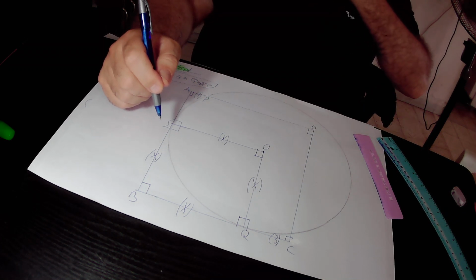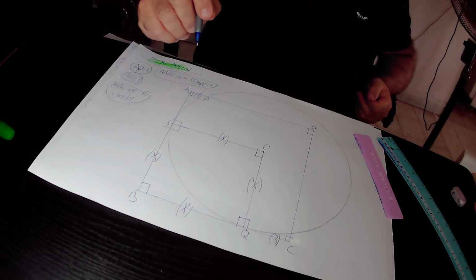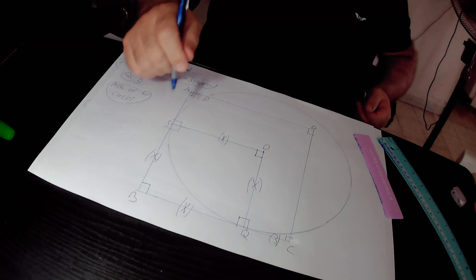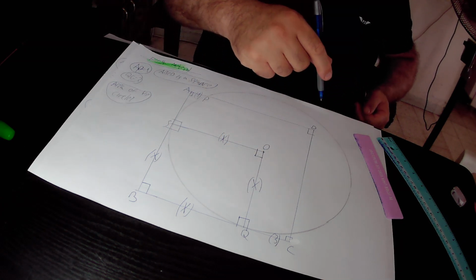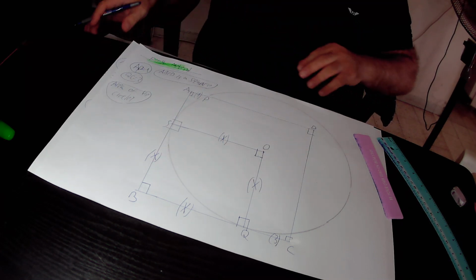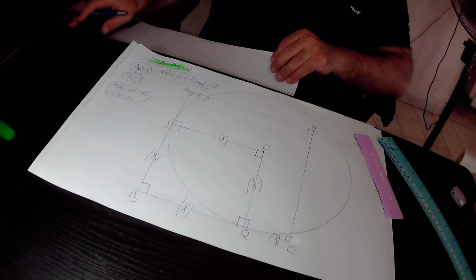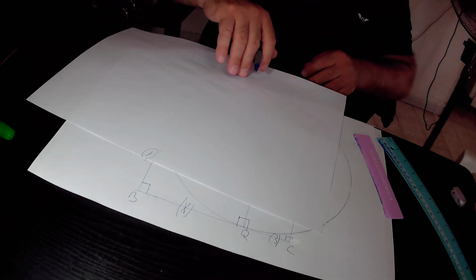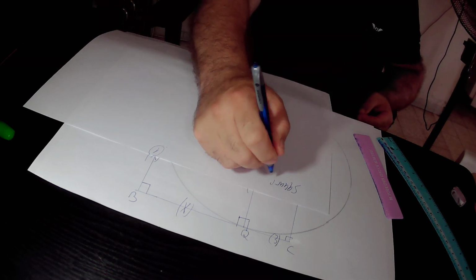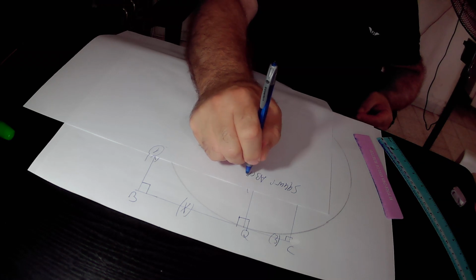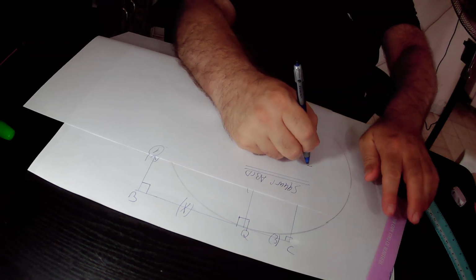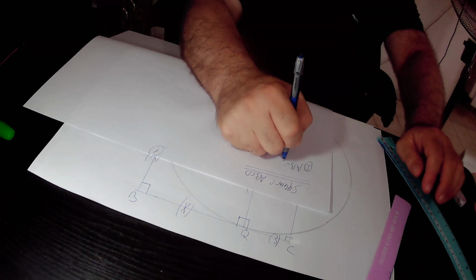Okay, so we also know that all the sides of a square are equal to each other. So in square ABCD, side AB equals side BC equals side CD equals side DA. Especially, side AB equals side BC.